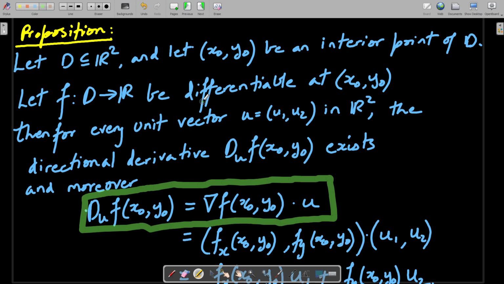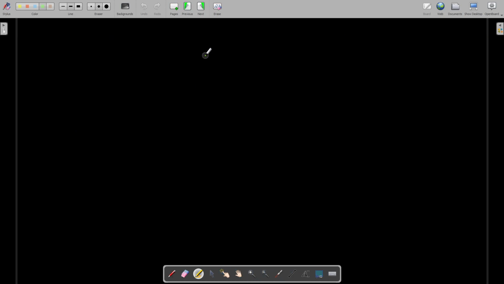It's basically using the contrapositive of the statement. Sometimes the directional derivative may exist in all directions, but this property in the green box is not satisfied, and that will also imply that the function is not differentiable. Let us see some examples based on what I just said.